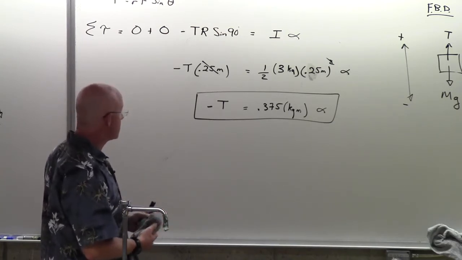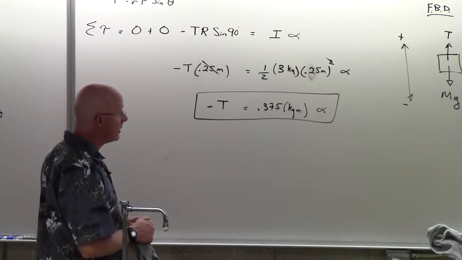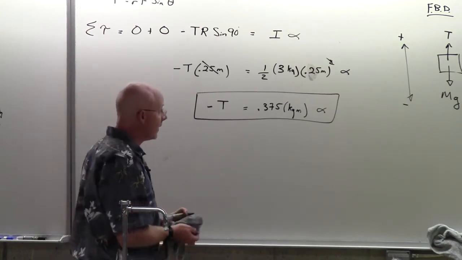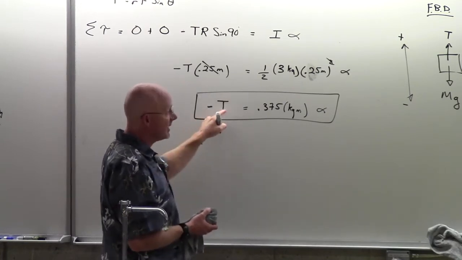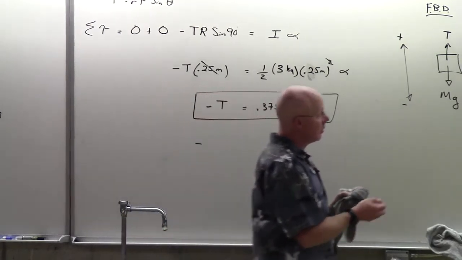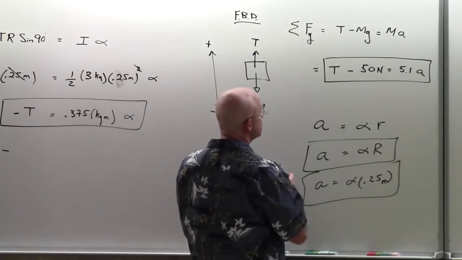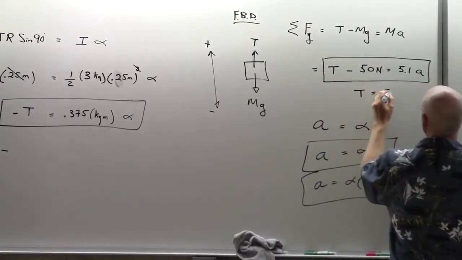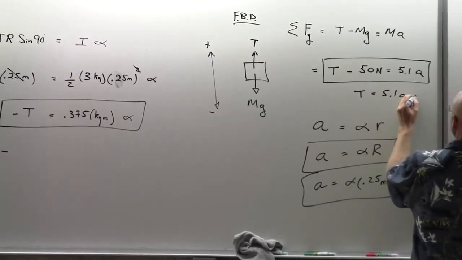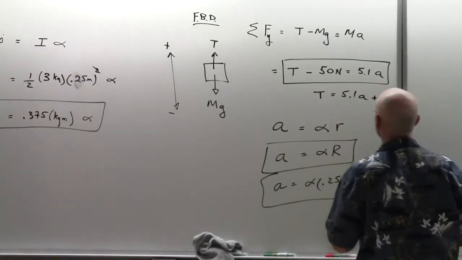Maybe the easiest one to do is to just do a direct substitution right here. This says minus the tension, and according to this, rewriting this, the tension would be 5.1A plus 50.